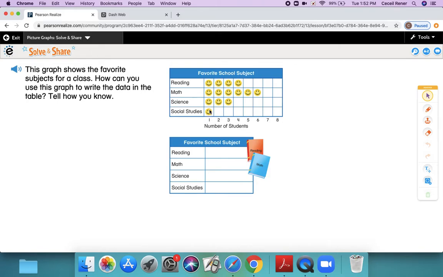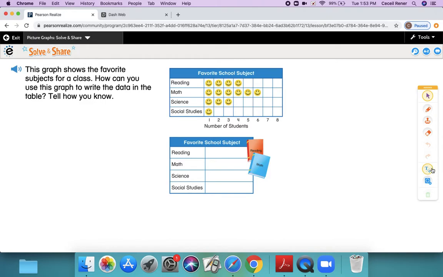And each of these represents one student. So we have reading, math, science, and social studies. And so if we count each of these smileys, it can tell us how many students like reading, math, science, and social studies. And then we can take these in this graph and we could put them here.